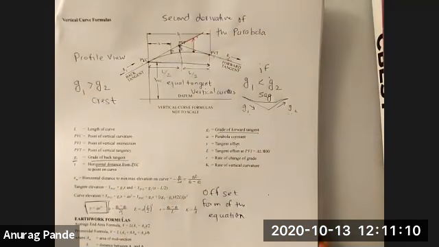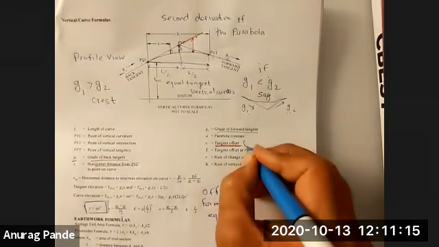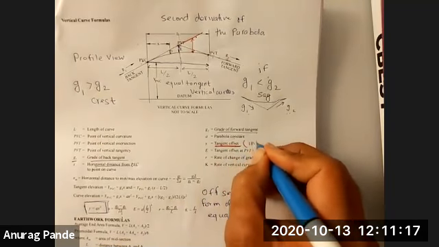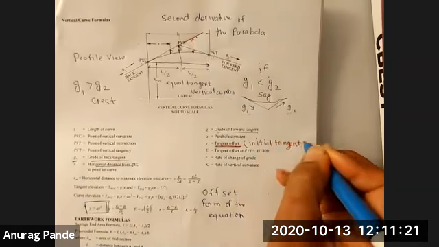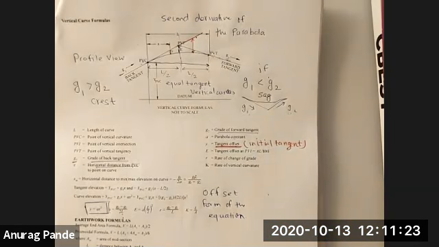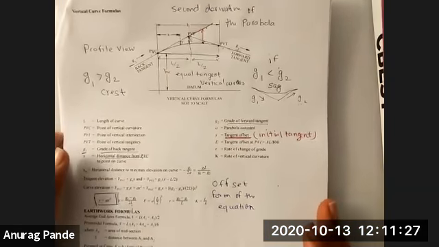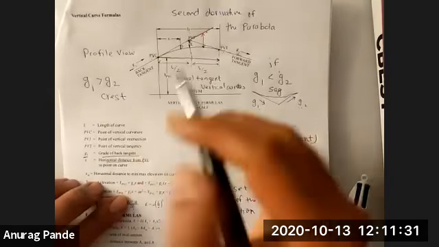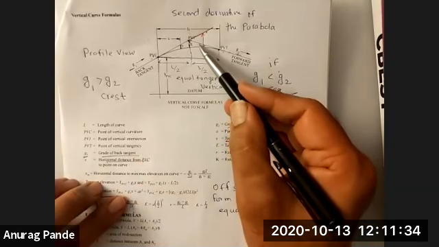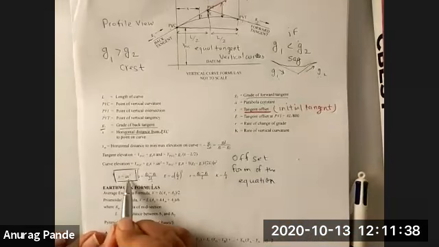One thing I want you to note is that when I say tangent offset, it's always relative to the initial tangent, never relative to the final tangent. I've seen people make the mistake that beyond the PVI, they start defining the y value from the final tangent. But that's not how it works, because the formula for y is ax squared.